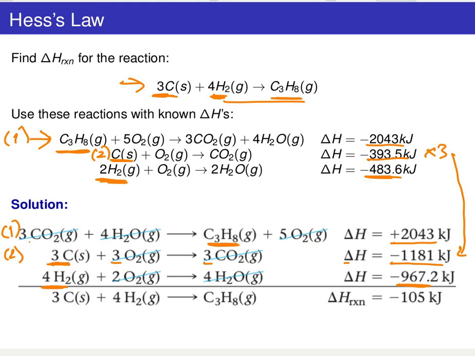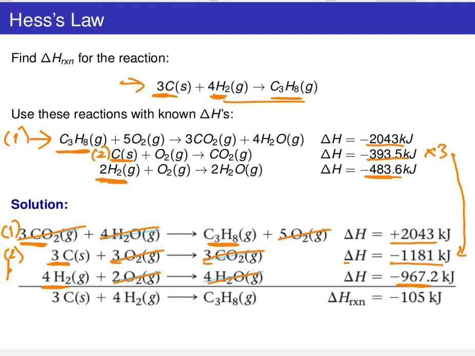So we can see we have 3 moles of CO2 on the left-hand side. Well, that's going to directly cancel with the 3 moles of CO2 on the right-hand side. Similarly, 4 moles of H2O is going to cancel out. The 5 O2 is going to cancel out with the 3 and 2 moles of H2O on the left-hand reactant side for the second and third chemical reaction equations.